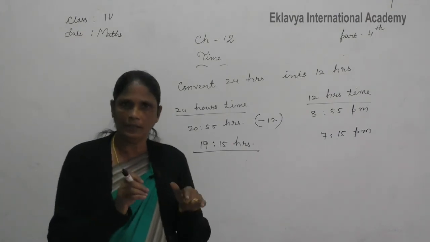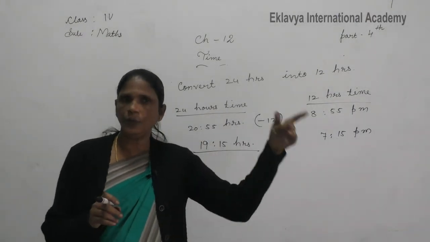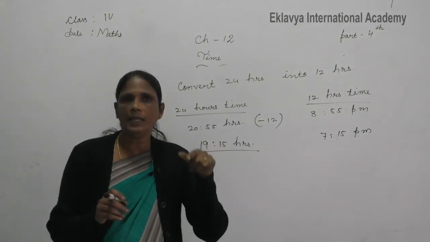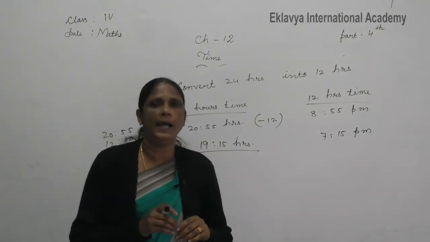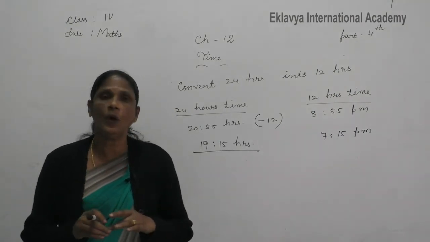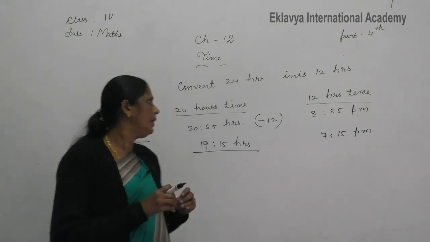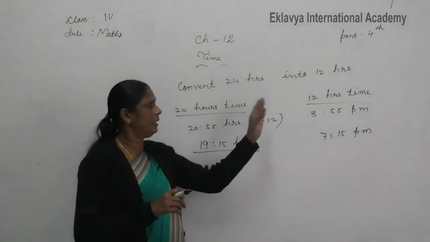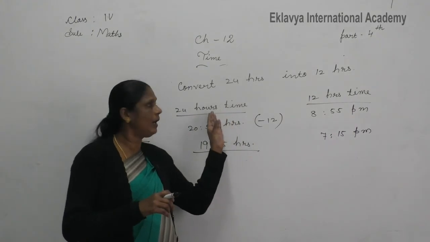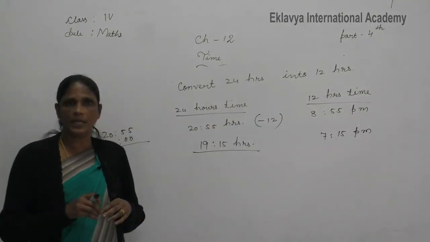Again, we convert 12 hours into 24 hours. For AM we don't add 12. When PM comes, we add 12 hours to the hour. Then we convert 24 hours into 12 hours time.